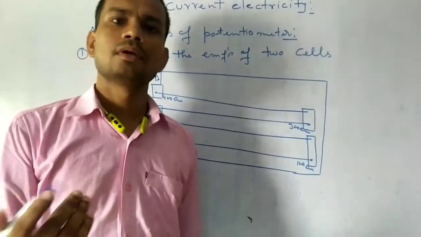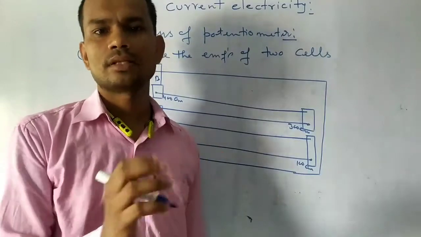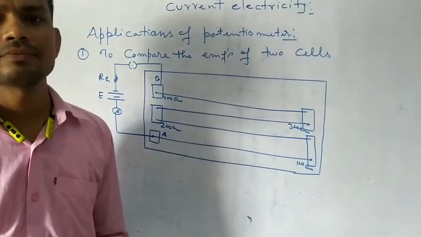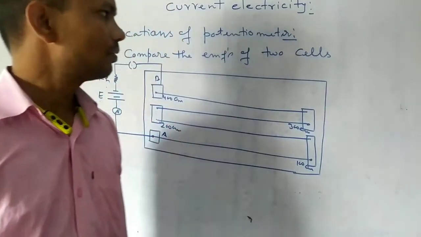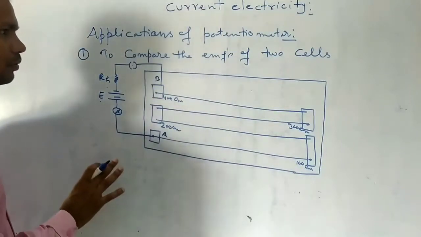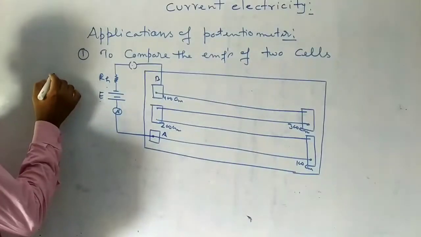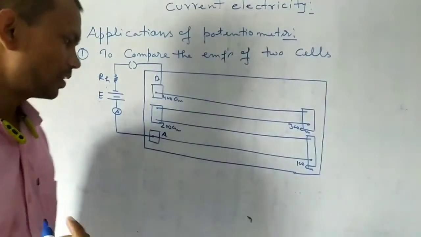So here you have to see, suppose we want to compare the EMF of two cells in the lab. Practically, in general, we use two cells, one Daniell cell and a second one, Leclanché cell, for comparison of the EMF of both cells, right? Suppose we have two cells, the first of EMF E1 and the second of EMF E2.